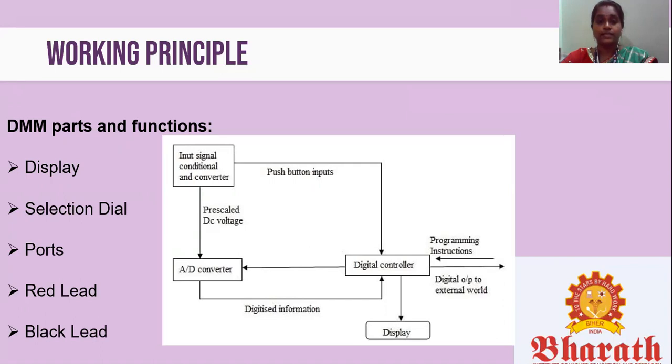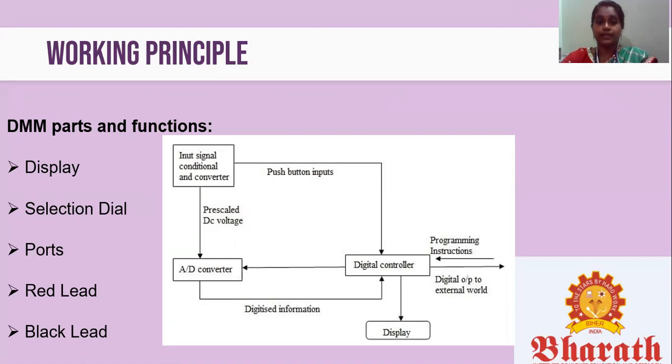We generally insert the black color probe into the COM port. The mAVΩ port allows the measurement of current, voltage and resistance, and is considered the positive connection of a circuit. We generally insert the red color probe into the mAVΩ port.